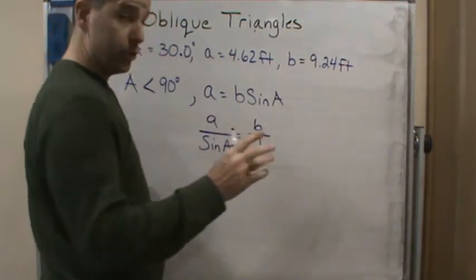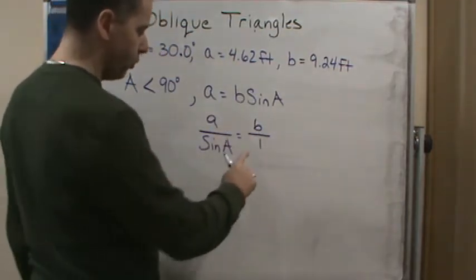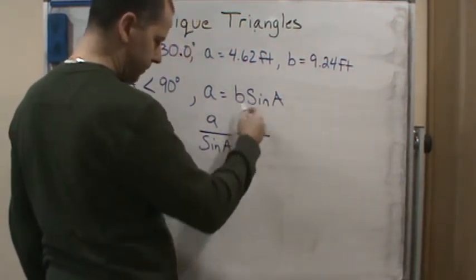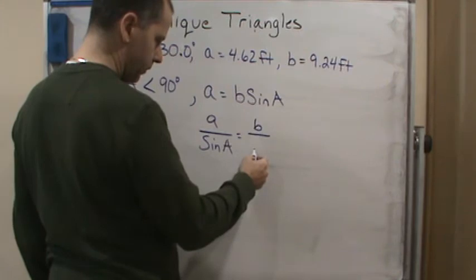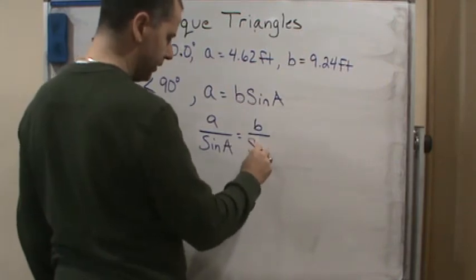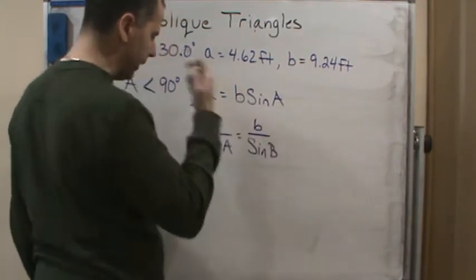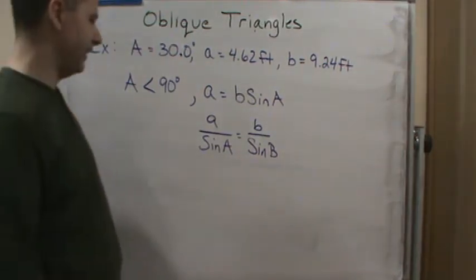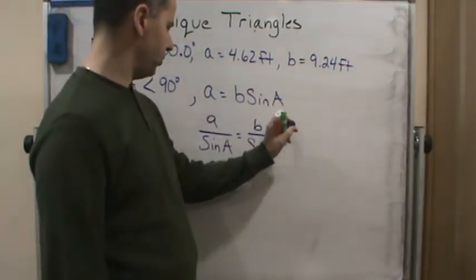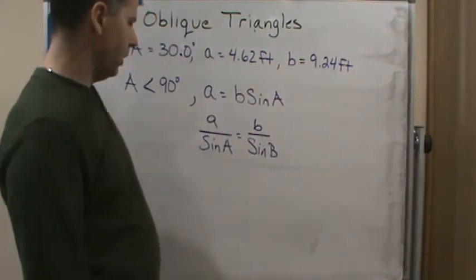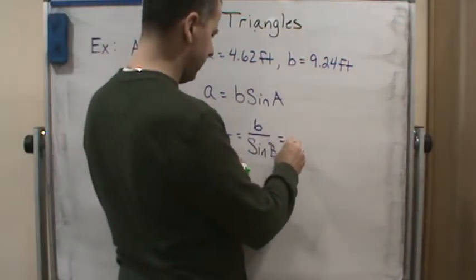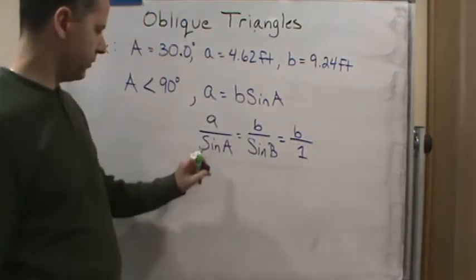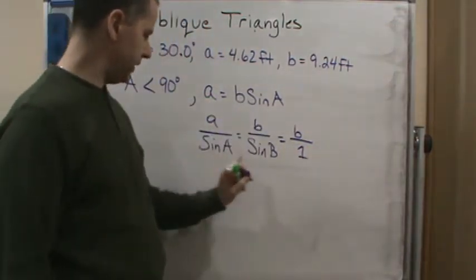Again, we're using the law of sines. So typically, the setup is B over sine B. What this is saying is that if this is true, then this is true. So this is equivalent to this being equal to this.